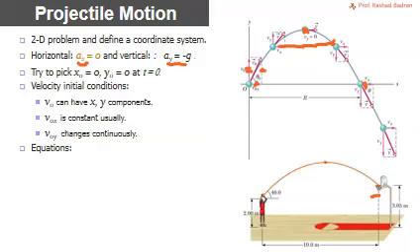And again, the component V naught y is equal in magnitude to Vy as long as this trajectory is symmetric. So if it starts from here and ends up here, at each point we get a symmetric point on the other side, which has the same magnitude for the y component but opposite sign.